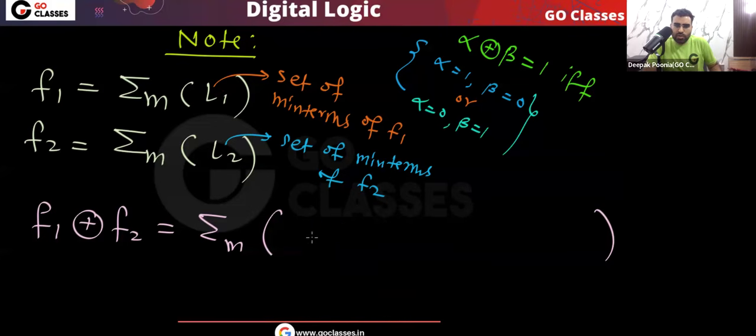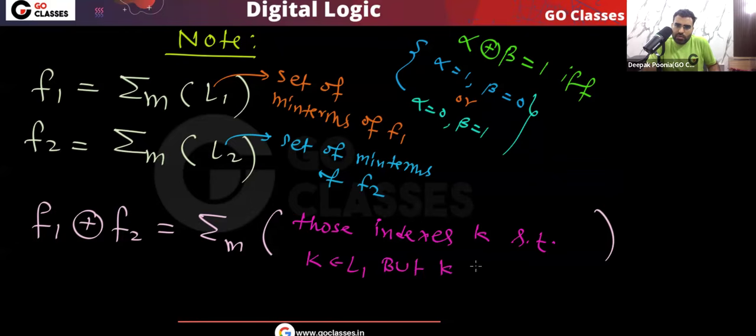Yes or no? The same thing I can also write: I want those indexes k such that k belongs to L1 but k does not belong to L2, or k does not belong to L1 but k belongs to L2.